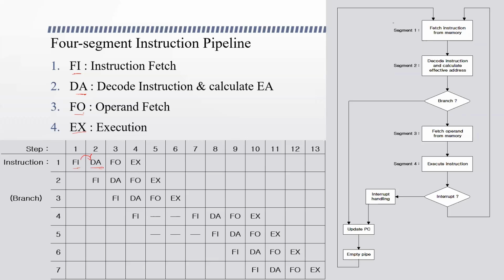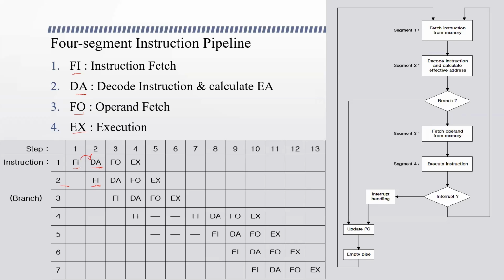In the decode phase, at the same time when this is decoded, instruction 2 will enter, so it can be fetched, performing this in parallel. How is it possible? Decoding of the first instruction and fetching of the second instruction.